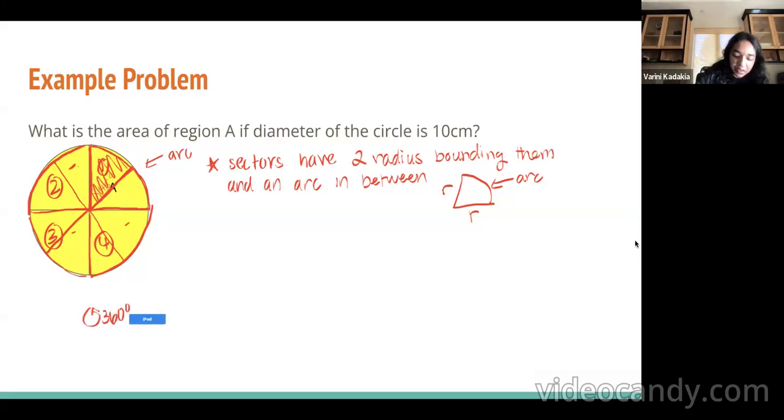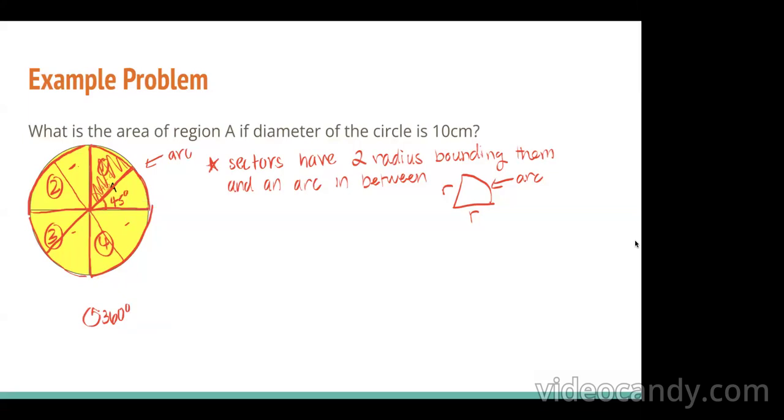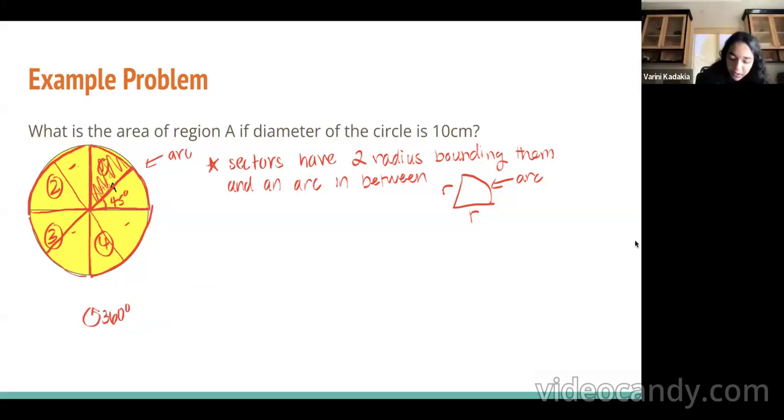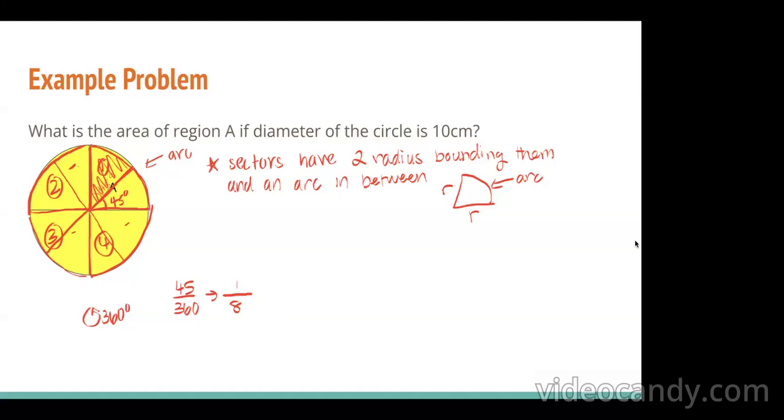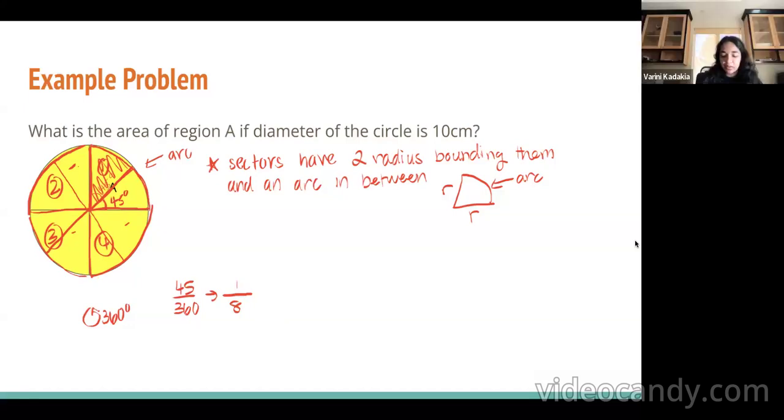And if I'm given that this sector has an angle of 45 degrees, what I'm going to check is how many 45 degrees make up that 360 degrees. I can do that by doing 45 over 360. This will tell me that this is one sector out of 8 sectors. So that means my area will be 1/8 the area of the circle.